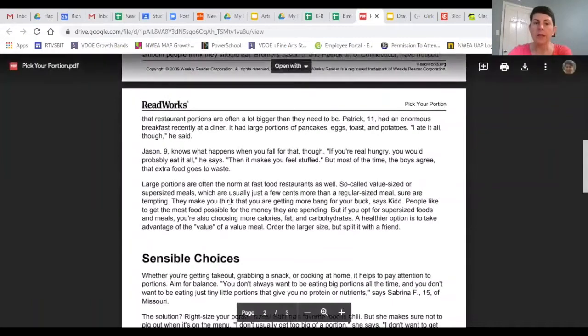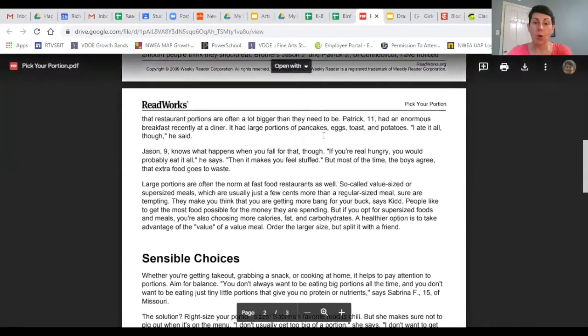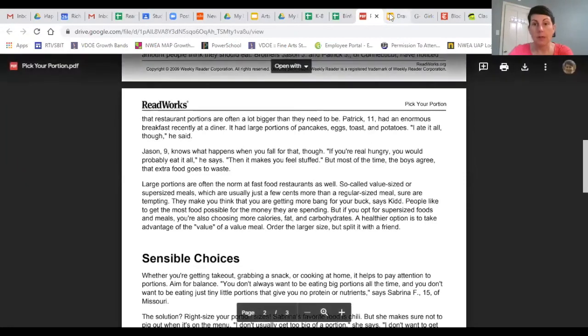And right here it says that you think that you're getting more bang for your buck, meaning that your money is going a little bit further and you're spending your money wisely by ordering a larger portion size because you get like double the amount, but you don't pay as much. And so based on those multiple places, the reason why fast food restaurants increase their portion size is to try to entice you to eat more food and therefore buy more food and spend more money.